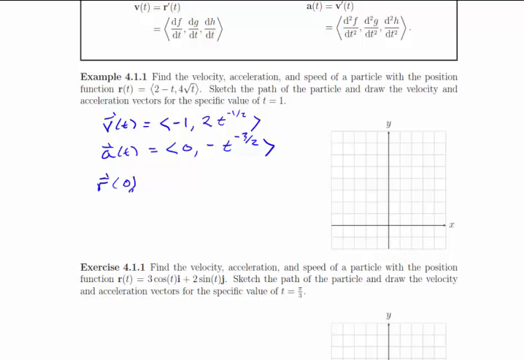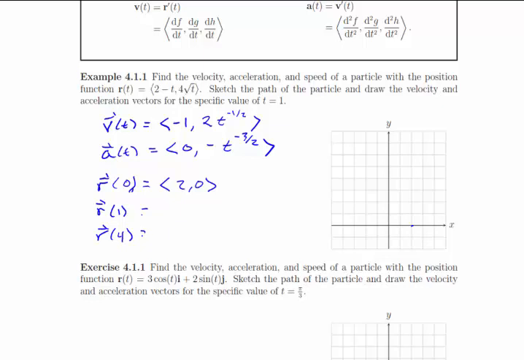So I'll plug in 0, just get our starting point of 2, 0. And plug in maybe 1. I'll plug in 4.